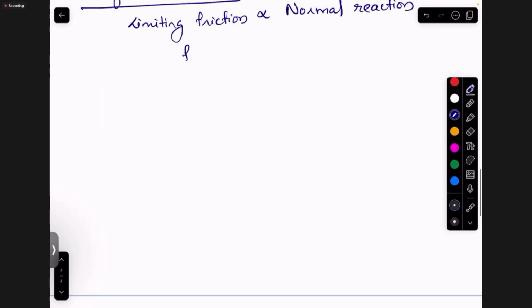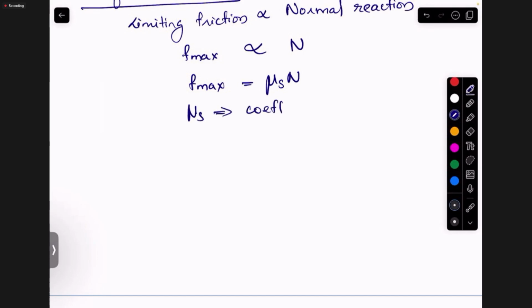So F max, that is the limiting friction, is proportional to N. That proportionality is taken over by F max equal to mu s N, and this mu s is the coefficient of static friction.